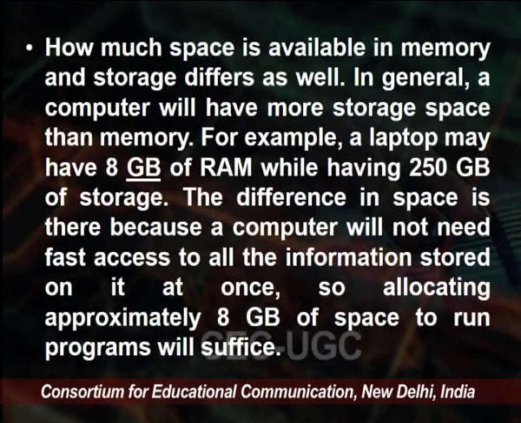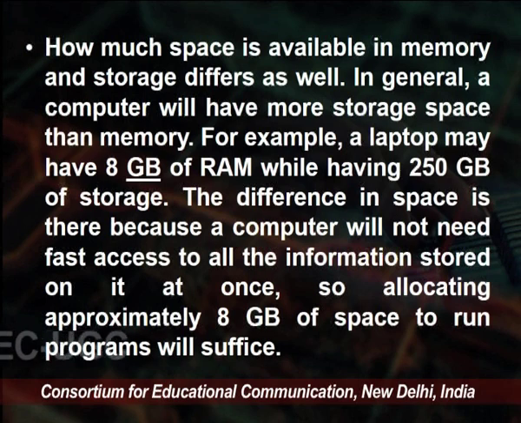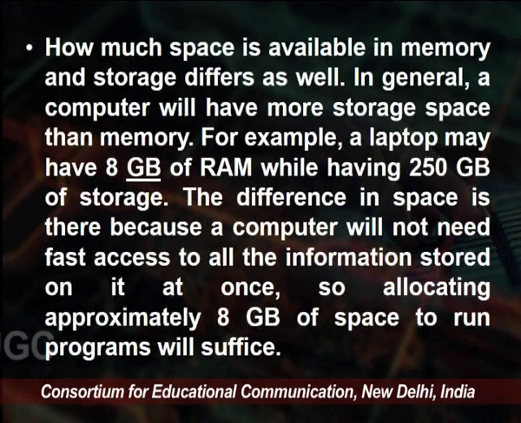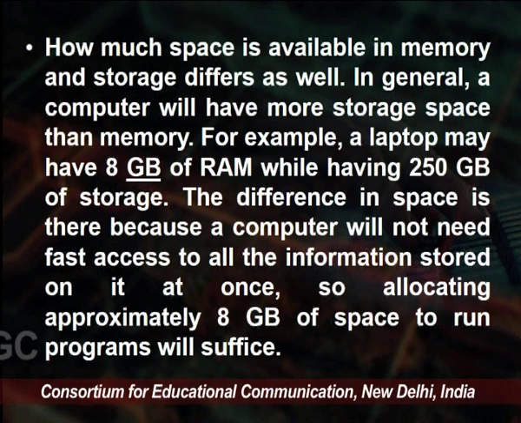In general, a computer will have more storage space than memory. For example, a laptop may have 8 GB of RAM while having 250 GB of storage. The difference in space is there because a computer will not need fast access to all the information stored on it at once. So allocating approximately 8 GB of space to run programs will suffice.